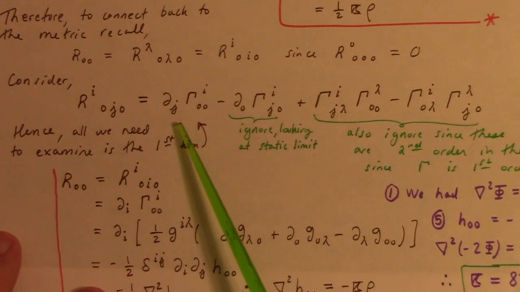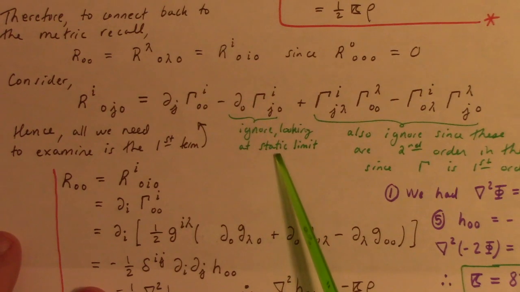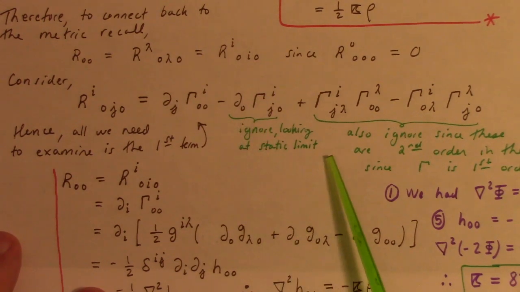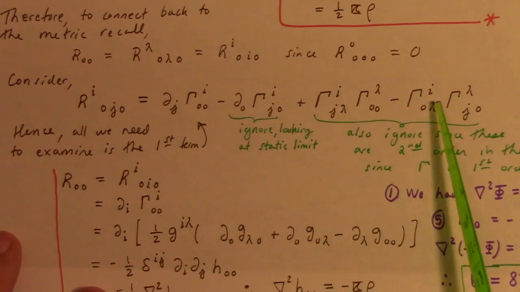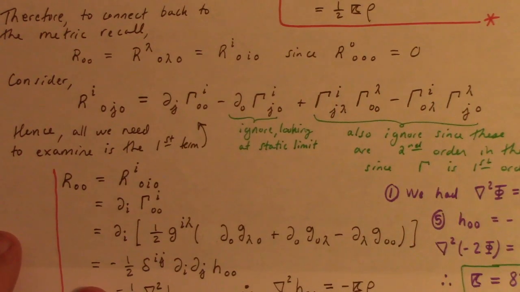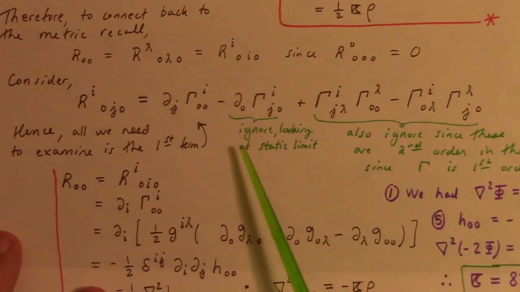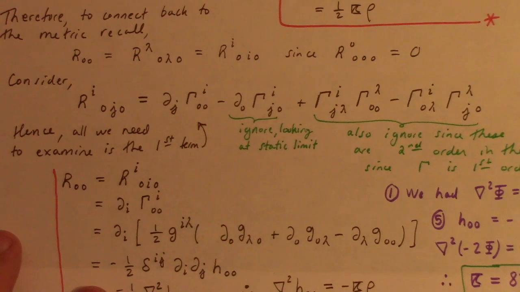And remember we're looking at the static limit, so that's irrelevant. And these we can also ignore, since they're gamma gamma terms, which are second order in the metric. What's much larger in this limit is just this single gamma. So all we need to do is look at the first term in this contraction, and so we do.